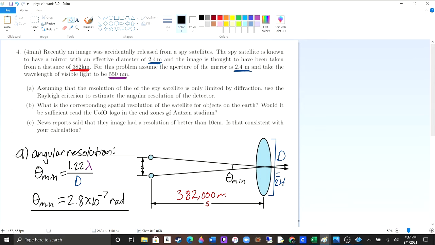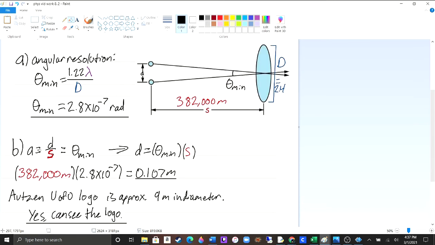For the spatial resolution, we just plug in our distance. So down here we have theta min equals D divided by S, where S is the distance from our telescope to Earth, and D would be the spatial resolution.